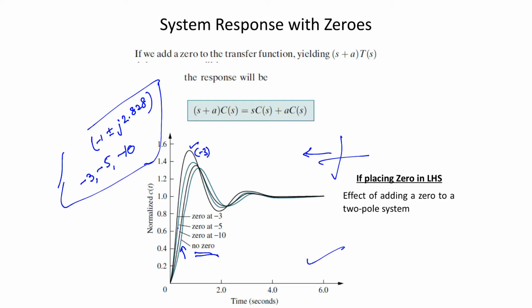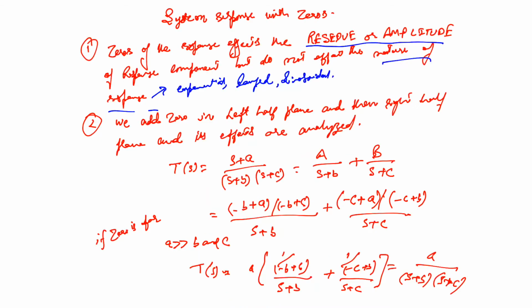That is, the relative amplitude remains appreciably the same in both cases. Let us consider a transfer function T(s) in which one zero and two poles are there.